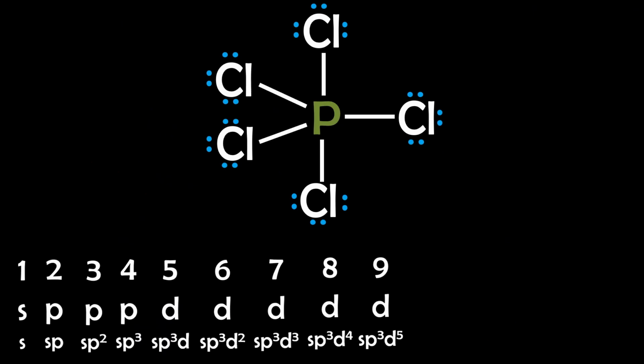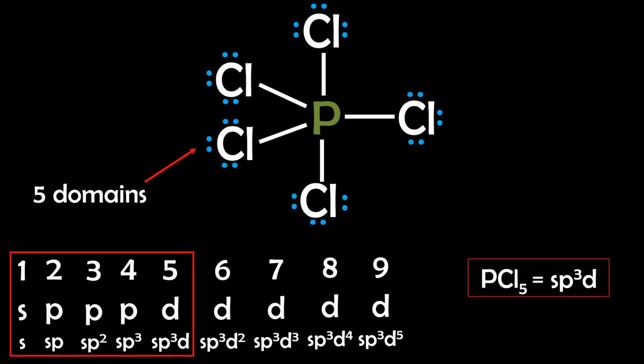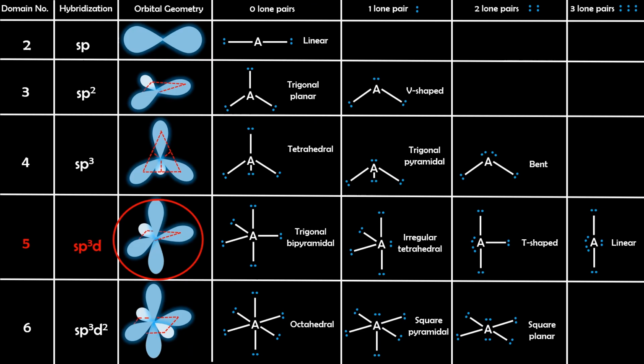Example 5, phosphorus pentachloride. It has 5 electron domains. This corresponds to sp3d hybridization, and there are no lone pairs, so we get trigonal bipyramidal geometry with angles at 90 degrees and 120 degrees.